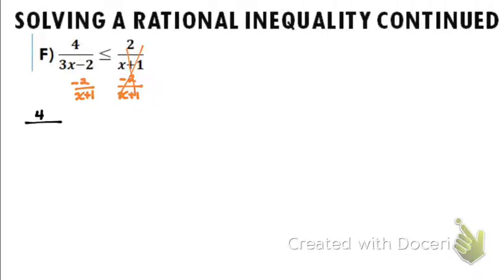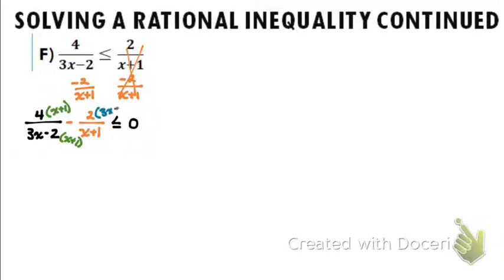So I have 4 over 3x minus 2 minus 2 over x plus 1 is less than or equal to 0. We're going to need to get a common denominator. What will our common denominator be? X plus 1, 3x minus 2. So I'm going to multiply this first rational, top and bottom, by x plus 1.